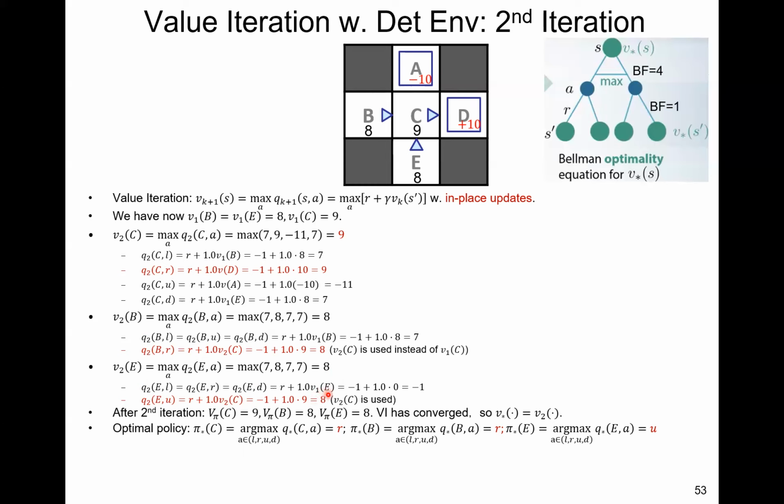After the second iteration, we have 9, 8, and 8, so value iteration has converged. The optimal value function V star is equal to V2, the current iteration's value functions. Now you can take the argmax and get the optimal policy, which is shown in the arrows.